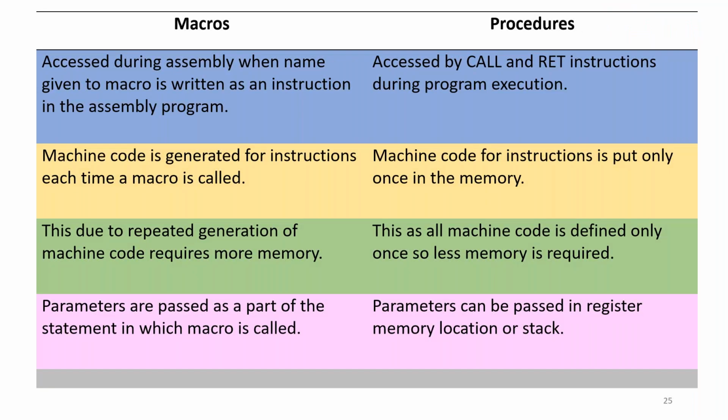And here is the comparison of macros and procedures. I told you, macro and procedure belong to assembler directives, that is, a subroutine. So what exactly are macro and procedure? Say for example, I have a main program where I'm going to have a delay. You all know what a delay is.